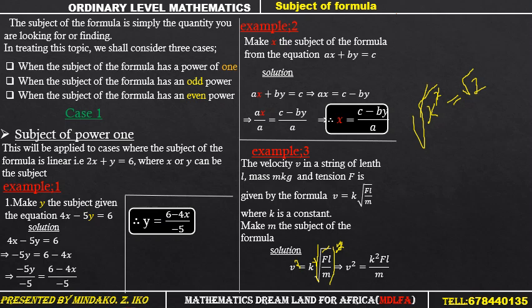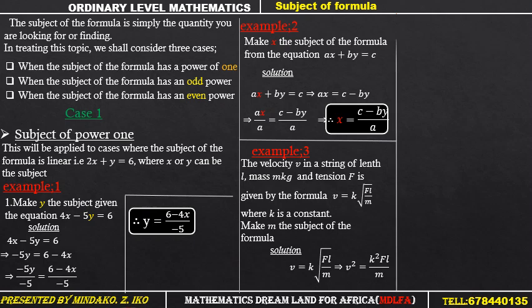So let's proceed. So we have v squared equals k squared fl divided by m. Now what do you notice? We notice that for us to make m the subject, we will just cross multiply.